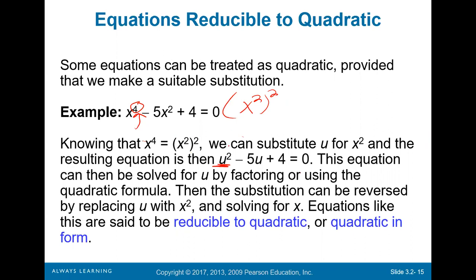But if u goes in that place for x squared, then I can rewrite it as u squared minus 5u plus 4, and now I can factor it down. But the very last step, we have to plug back in the x squared for the u and solve. So we're going to end up with a possibility of 4 solutions.